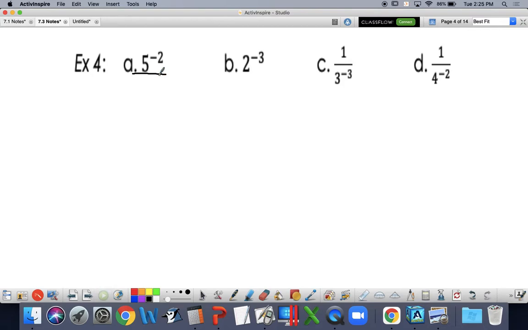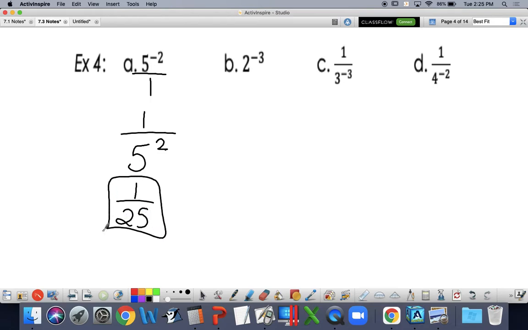I have 5 to the negative 2, so it becomes 1 over 5 squared, which is 1 over 25. Next example, 2 to the negative 3 becomes 1 over 2 cubed, which is 1 over 8.